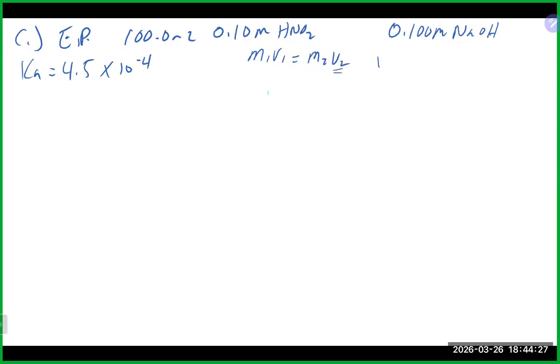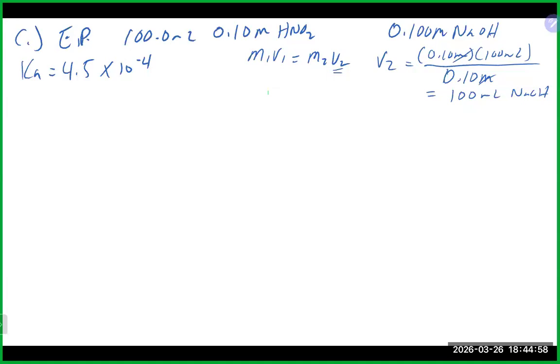V2 would be M1, 0.1 molar, times 100 milliliters for our acid divided by the molarity of our base, and our molarities will cancel, and you will need 100 milliliters of your sodium hydroxide to reach it. If both the acid and base are the same concentration and it's a one-to-one, you need the exact same amount of volume to get to the equivalence point.